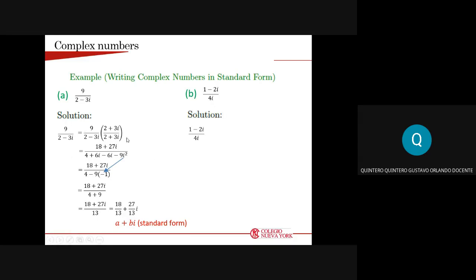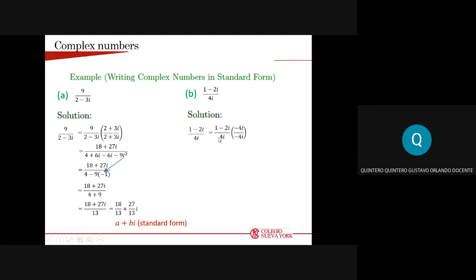Solution. Take the number and then multiply it by the conjugate of the denominator. Look, this number has a conjugate. You might be thinking, all right, but how? It doesn't have two numbers. Doesn't have to. Remember that everything else stays the same. And in here, the real part is 0. So, of course, the real part of the conjugate will also be 0. But the thing that changes is the imaginary part.